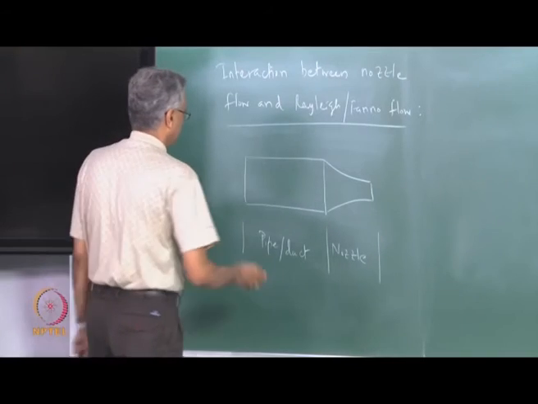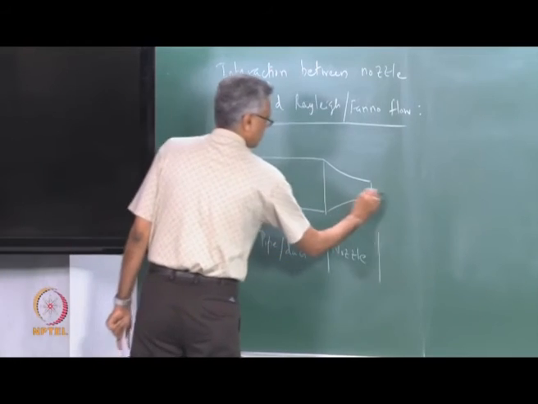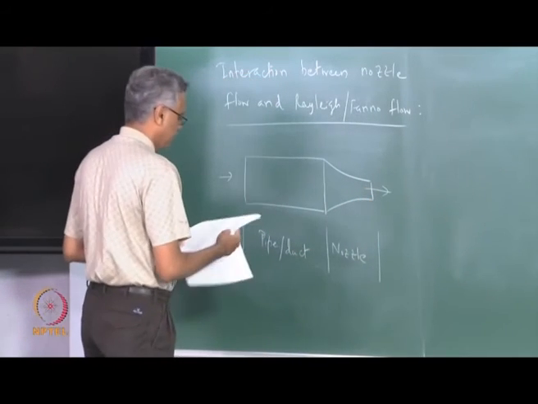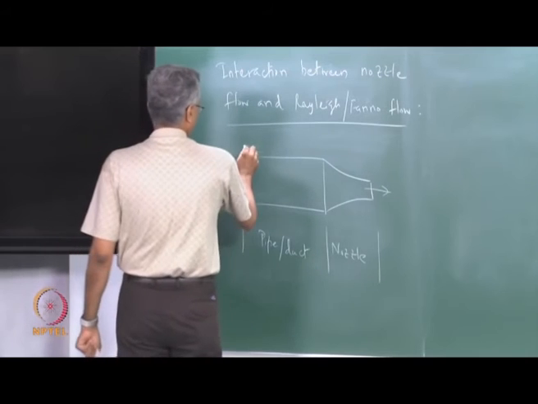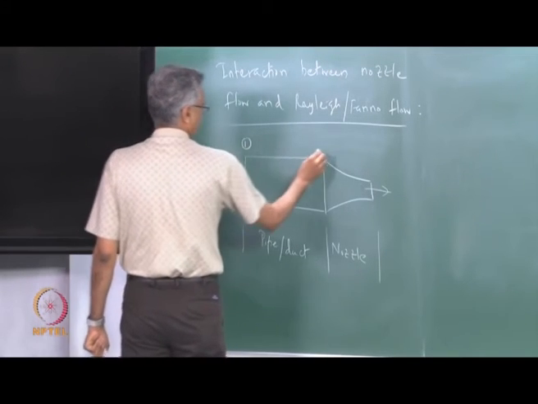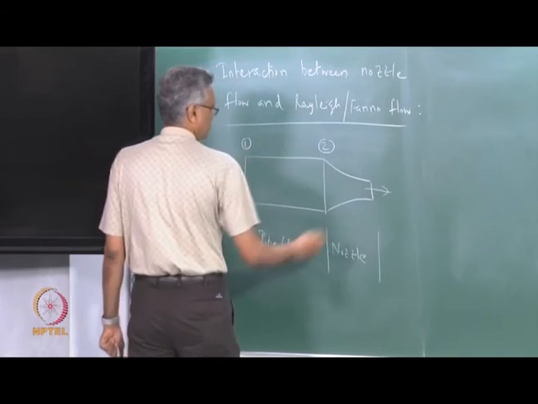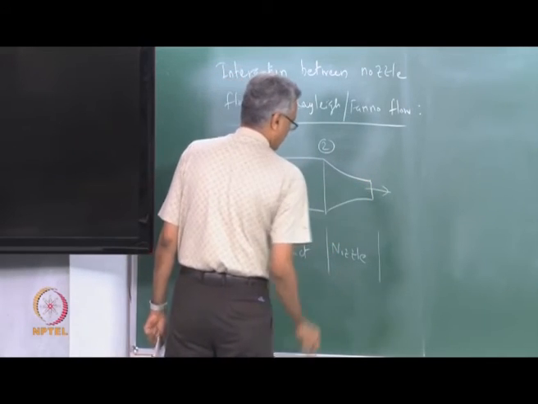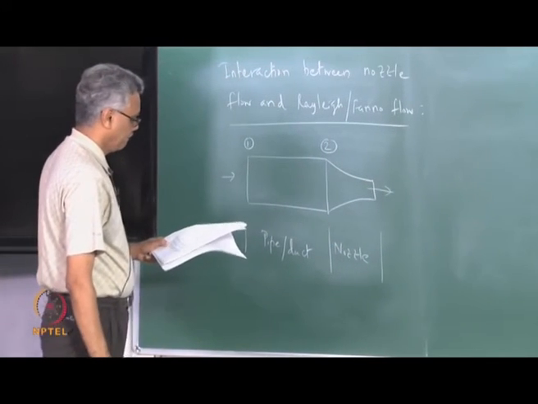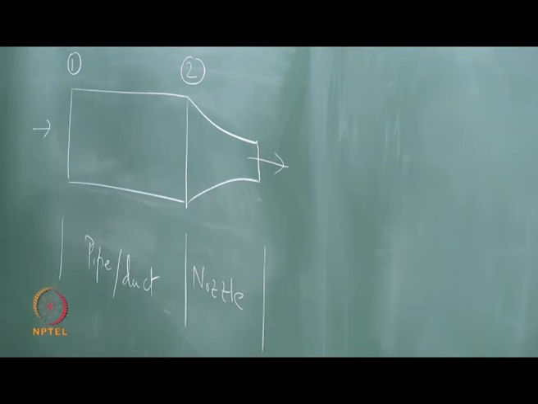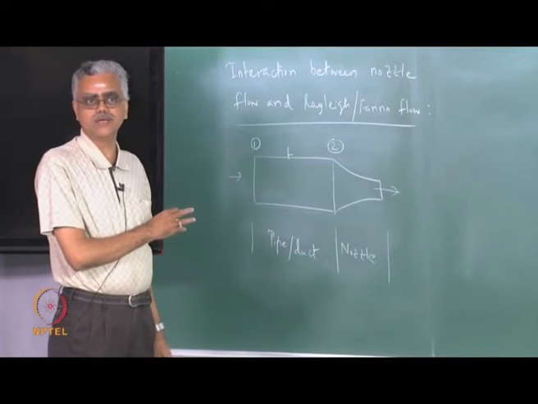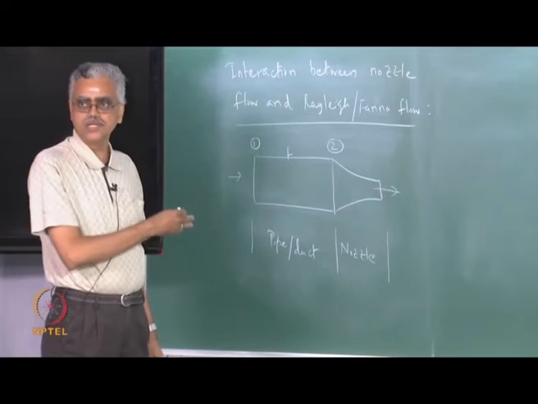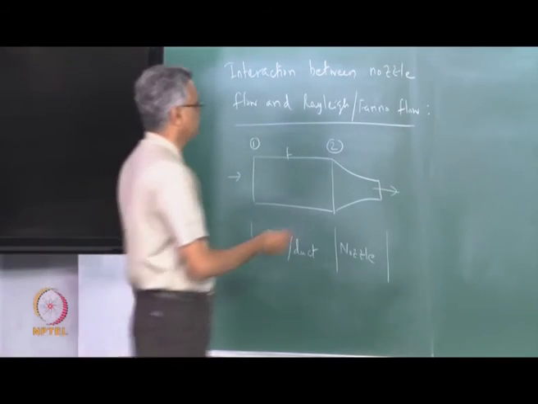So, first let us start with this. So, we have flow which is coming through like this, and I am going to mark this state here as 1, here as 2, and this of course is the throat section. So, let us assume that the friction factor in this case is F, and the flow in the nozzle is always isentropic. The friction effects are important only in the constant area portion, and the flow in the nozzle is isentropic.